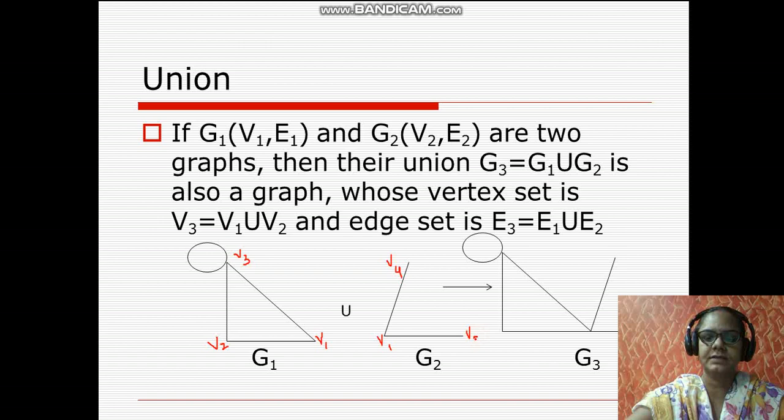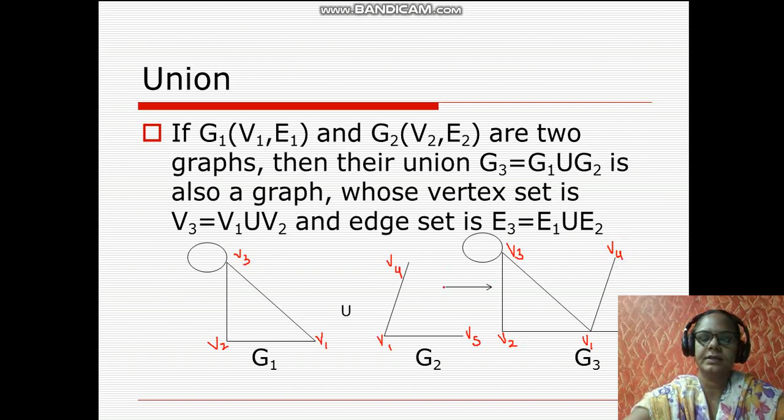So when we say union of these two, this V2 is preserved, this is V1, and this is V3 and this is V4. So now are you getting it?